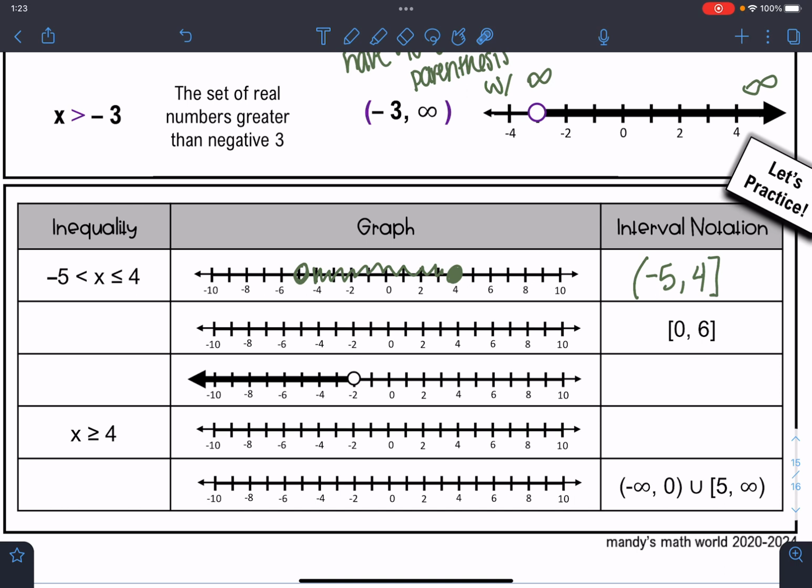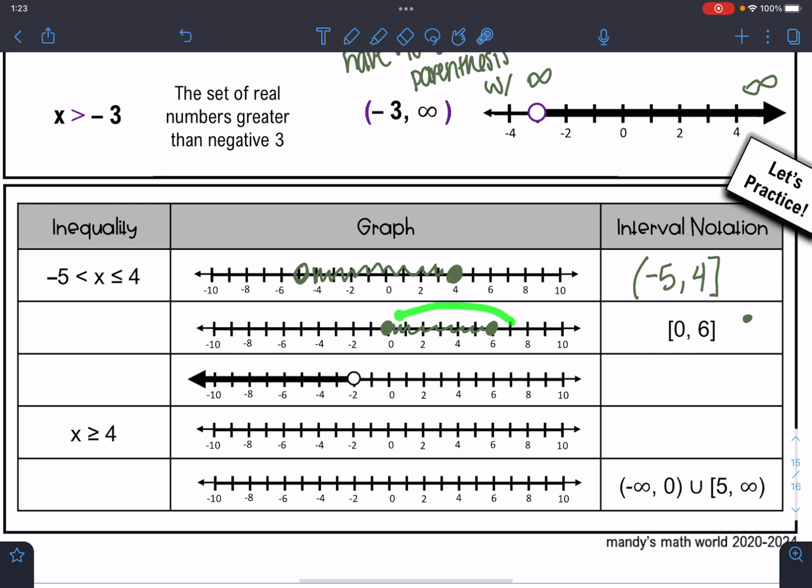Okay, so this time we're starting at the interval notation, okay? We have two square brackets, so we can already imagine that's going to be our closed circle on both. And again, we have a nice strict set of numbers that we're staying between 0 and 6. So we can graph this. We're going to say we're staying in between 0 and 6 with that closed circle.